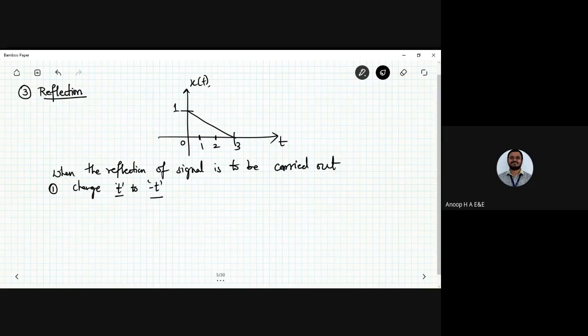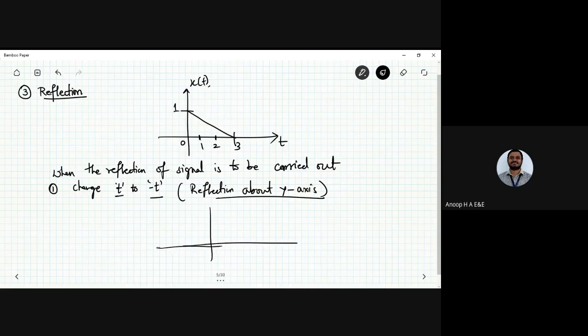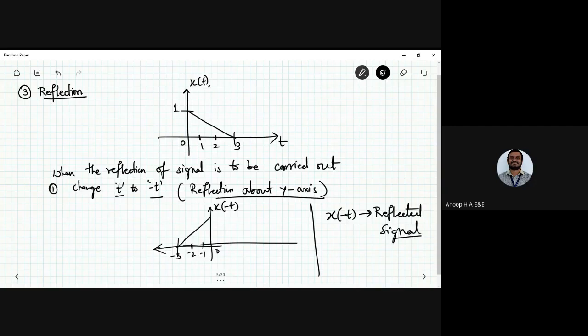Once you change it to minus t, you will be getting the reflection about y-axis. So what you are going to get here is nothing but the reflection about y-axis. So you are going to get minus 3, minus 2, minus 1, and 0. Next, x of minus t is the reflected signal.